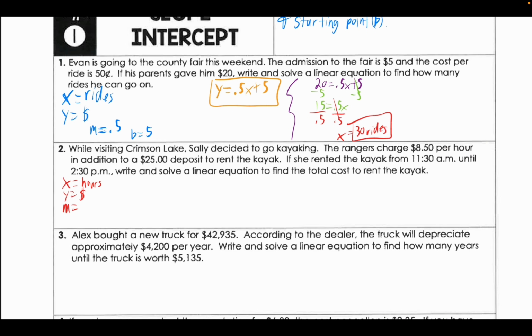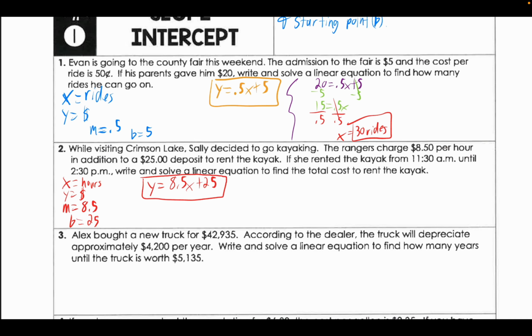So our slope, or our m here, our rate of change, is $8.50 per hour, 8.5. And our b, our starting point, is a $25 deposit we have to pay regardless of how many hours you rent. So this would give us our equation y equals 8.5x plus 25. The total cost is equal to $8.50 for every hour that you rent, plus $25 for the deposit.